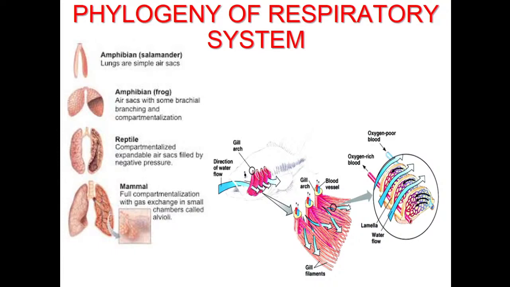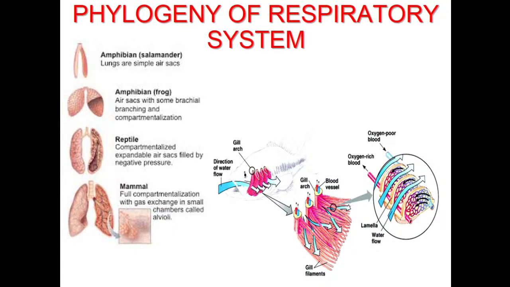Next part is about the phylogeny of the respiratory system, and again you can see a line of different types of lungs. First, amphibian salamander lungs are simple air sacs.